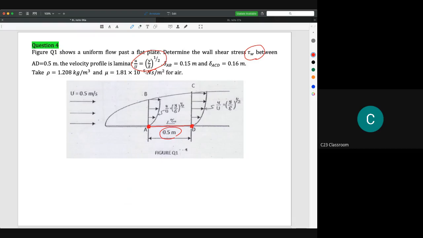Given in this question, delta at AB is 0.5 meter, and delta for CD is 0.16 meter, and take the density of air as this one, and the dynamic viscosity as this one.